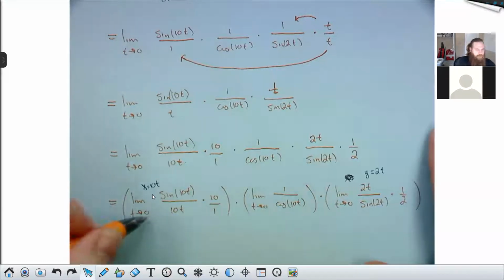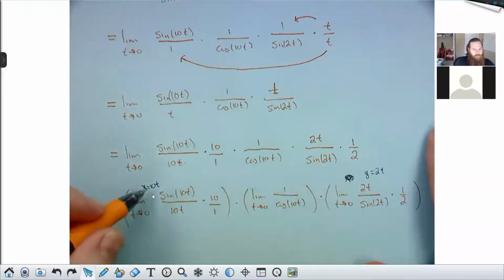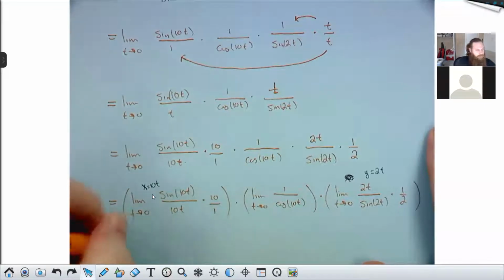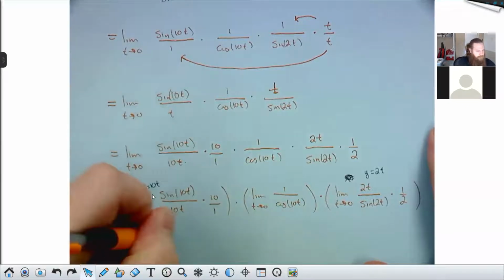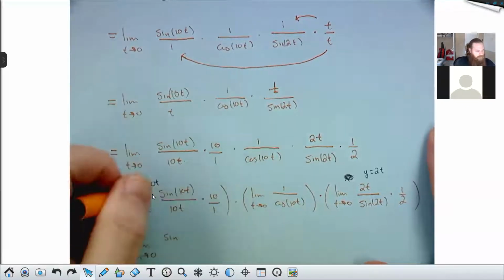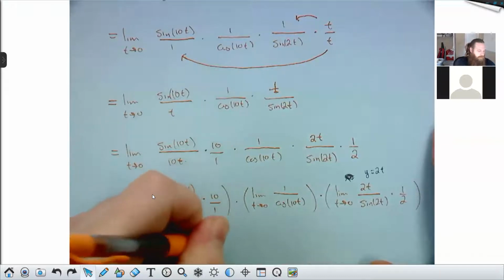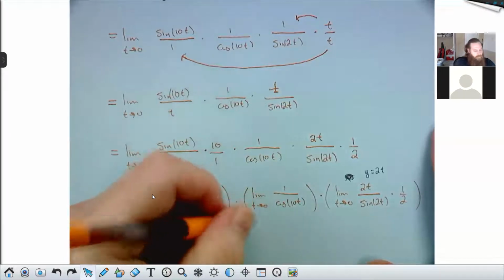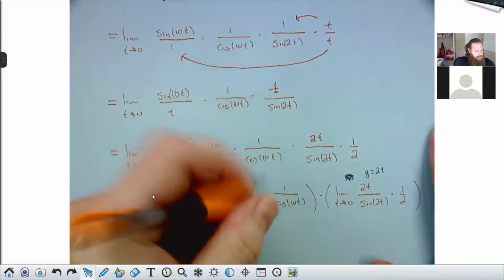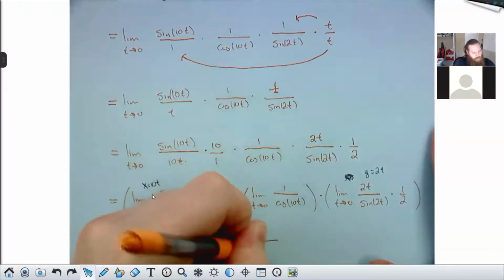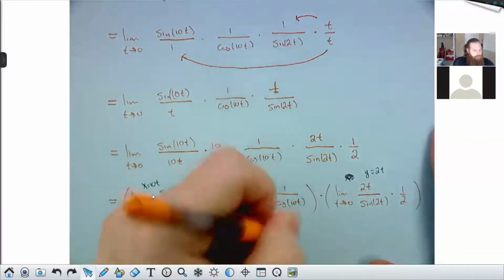So now as t goes to 0, x is also going to go to 0, right? 10 times 0 is 0. So this piece becomes limit x goes to 0 of sine of 10t, well 10t is x, so this is sine x over 10t, again that's x, and then I have 10 over 1. This piece, I'll just go ahead and say what this is: 1 over the cosine of 0.